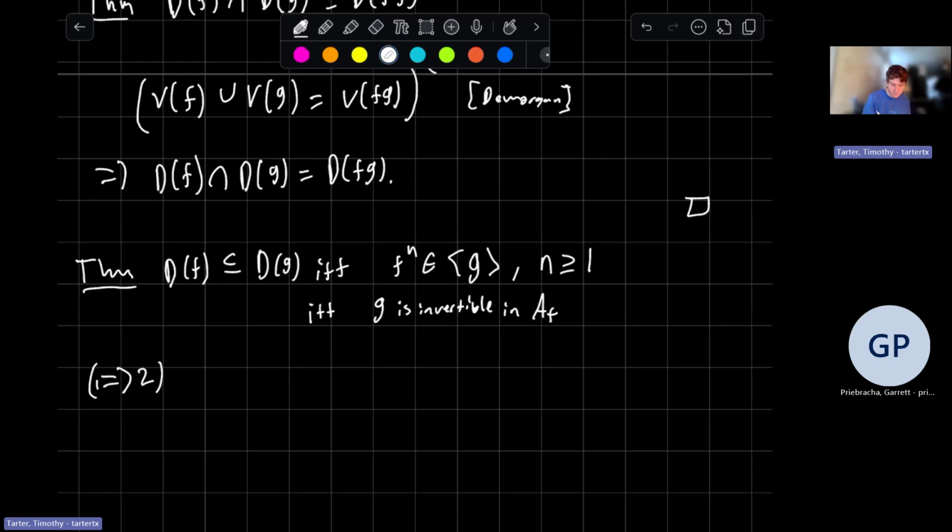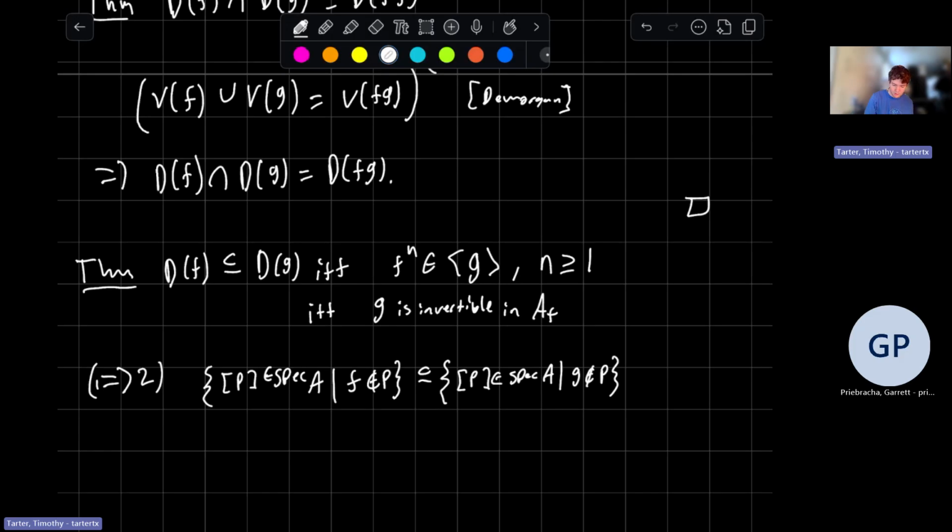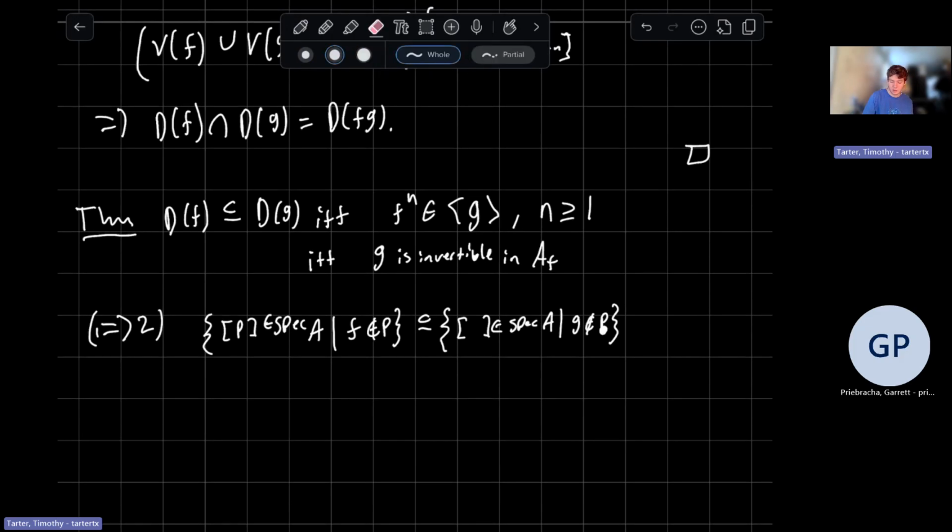Well, if the non-vanishing set of f is contained in, so we're given that the set of P in Spec A such that f isn't in P is contained in the set of P in Spec A such that g isn't in P, and maybe it's helpful to say Q.